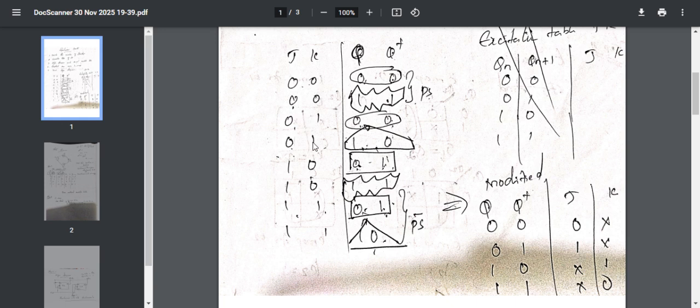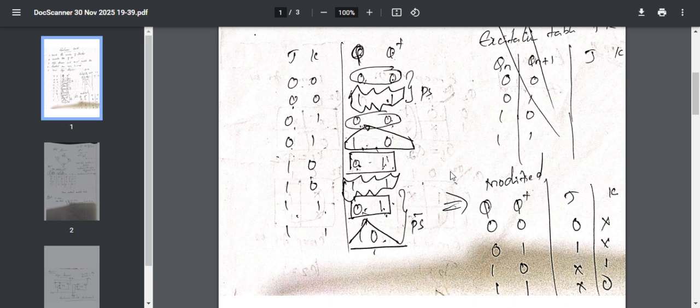When the input is 0 1, the output is 0. When the input is 1 0, the output is set, that is 1. When the input is 1 1, the output is the previous state complement. What is the previous state? 0 1, and the complement of it is 1 0. So this characteristic table is known to you already. If not, you can watch another video for that.